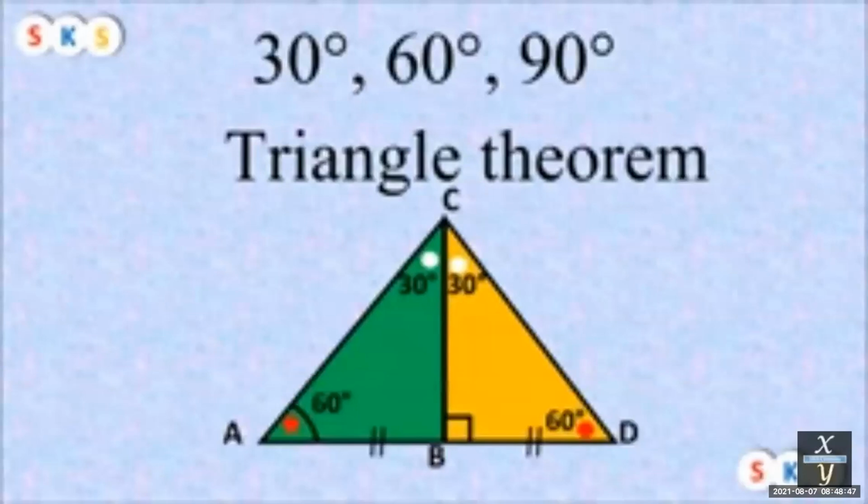Here is one of the theorems from your textbook, the theorem regarding a triangle whose angles measure 30 degree, 60 degree and 90 degree. In the diagram, you can see clearly a triangle with angles 30 degree, 60 degree.